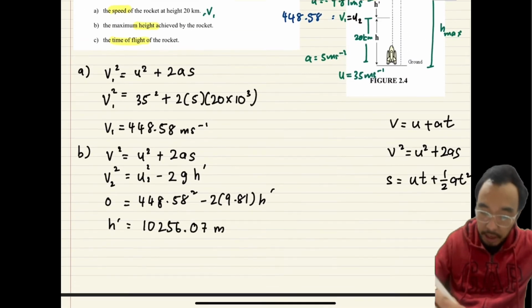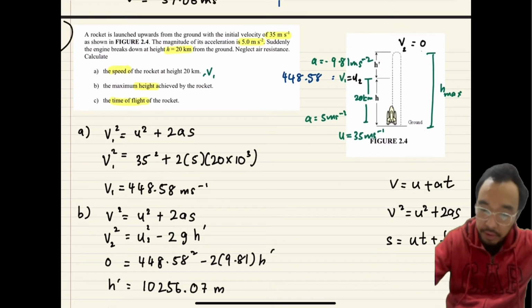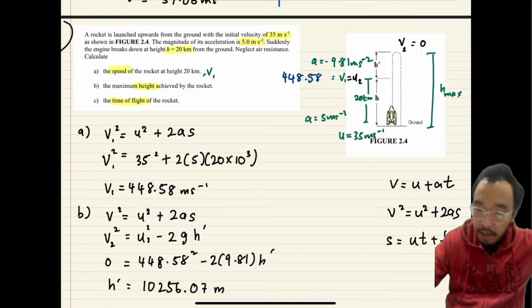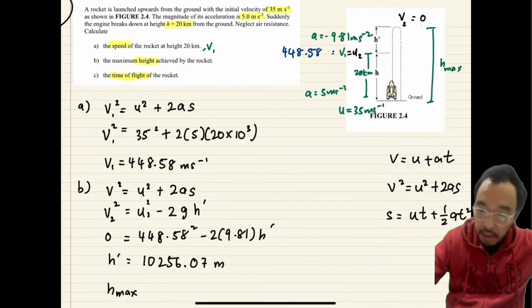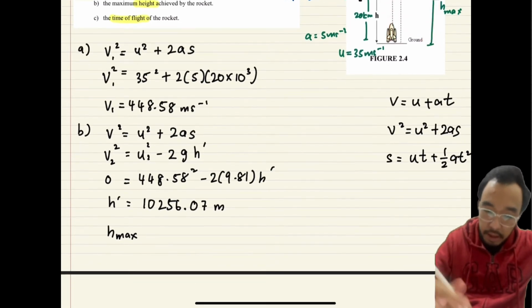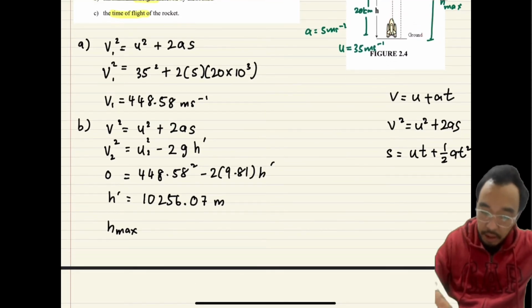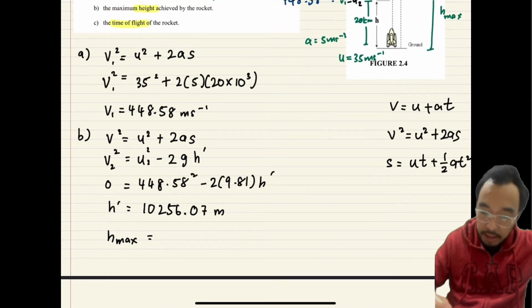So your H max is basically this height added up with that height. So this height is 20 kilometer. Okay, and then this is the one that you just calculated. Okay, I think should be okay. Good. As long as you draw, you should understand this kind of question.